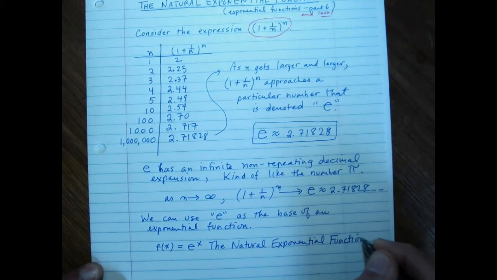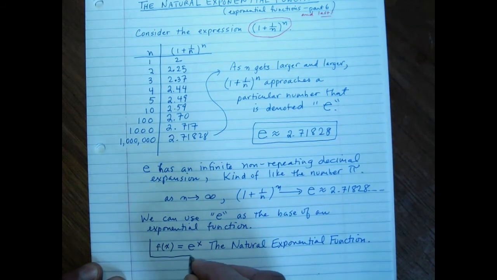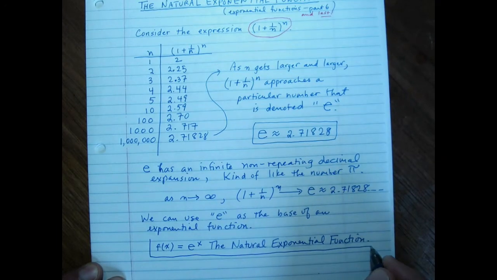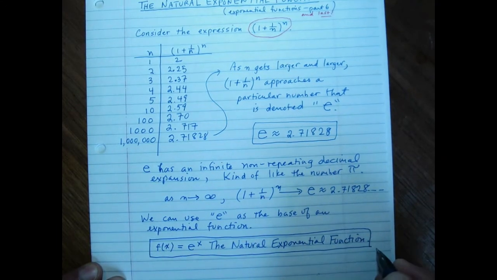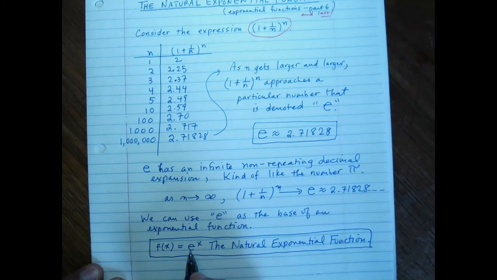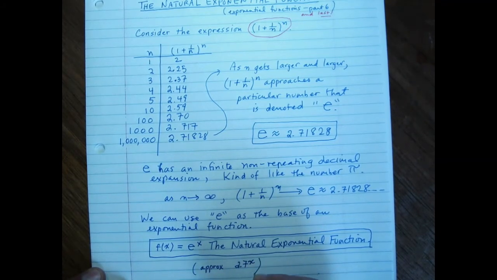So don't think of e as a variable or an unknown, like an x or a y or a z. It's a number like pi, it's a constant. e to the x is like 2 to the x or 5 to the x. You know, it's approximately 2.7 to the x power when we write e to the x down.